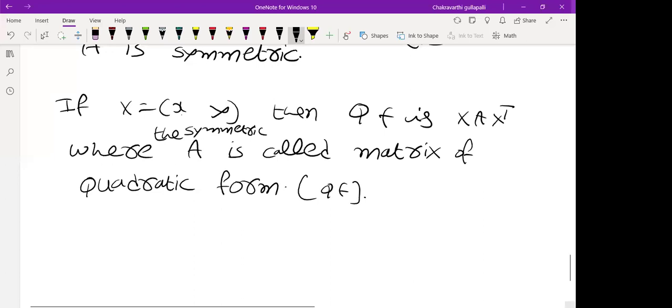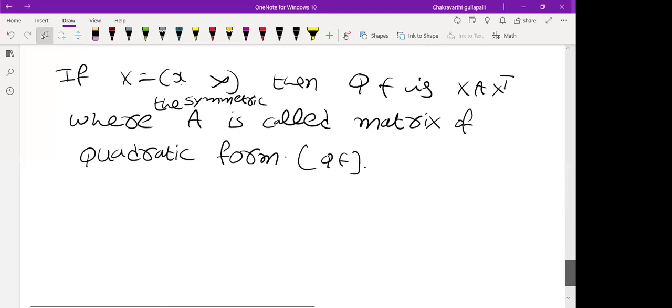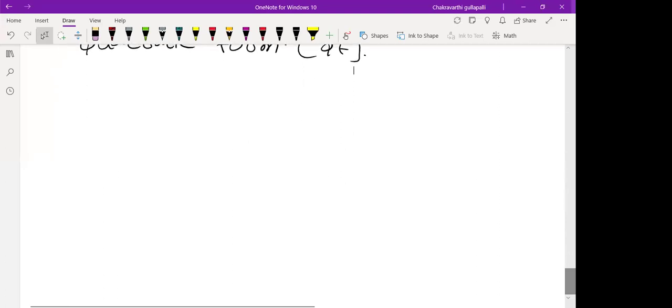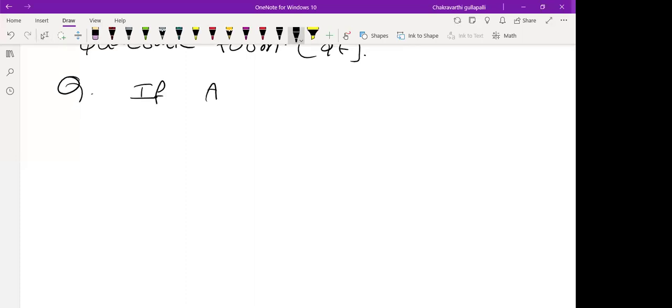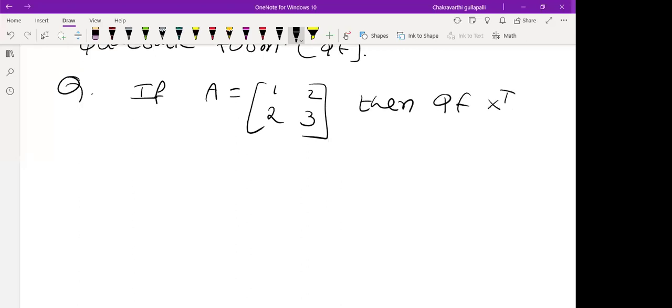I'll show you. So, given a matrix, question: if A is equal to 1, 2, 2, 3, then quadratic form X transpose AX is.